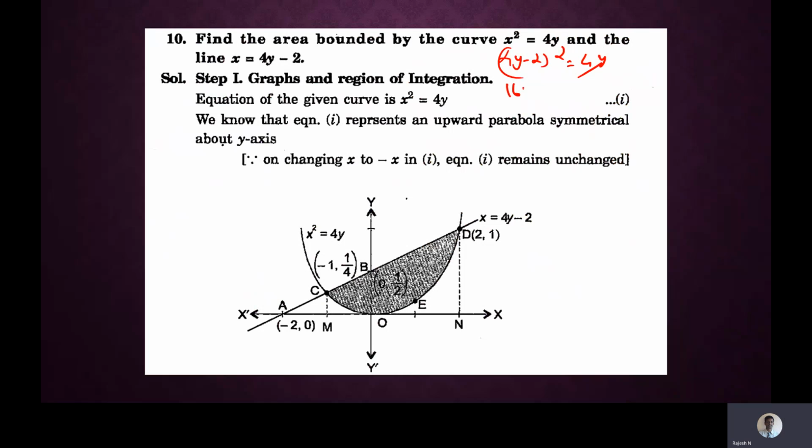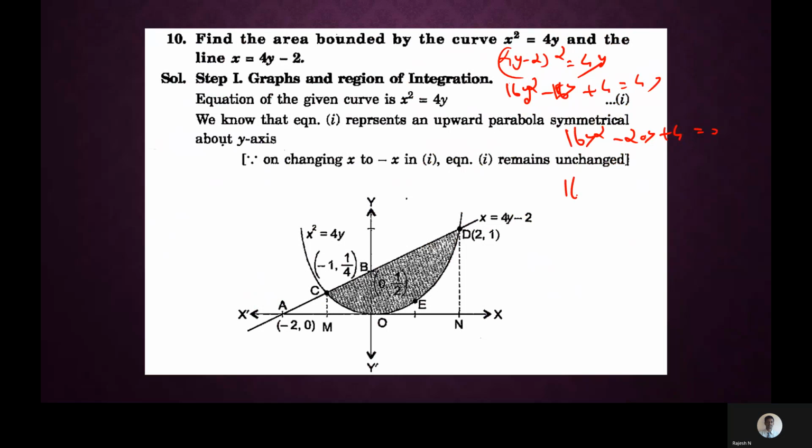So 16y squared minus 16y plus 4 is equal to 4y. So 16y squared minus 20y plus 4 is equal to 0. So the product is 16 into 4, 64, and the sum is minus 20.